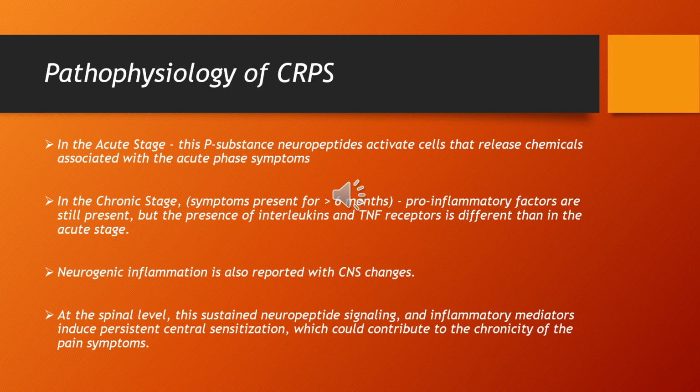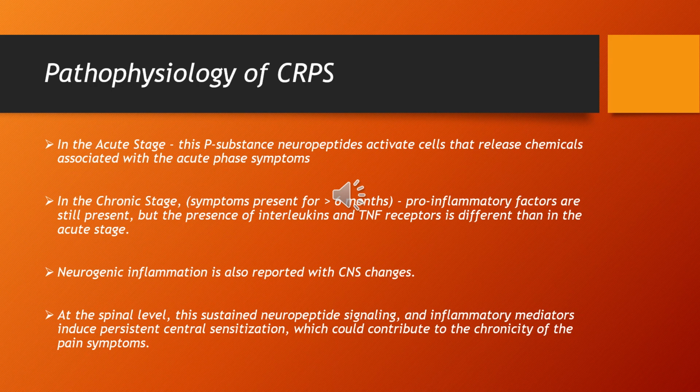Okay, before I continue on the pathophysiology, I wanted to mention that in the next installment of this series, I'll be discussing the acute and chronic stages of this condition at a macro level.